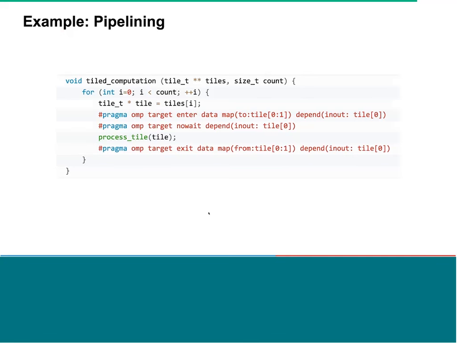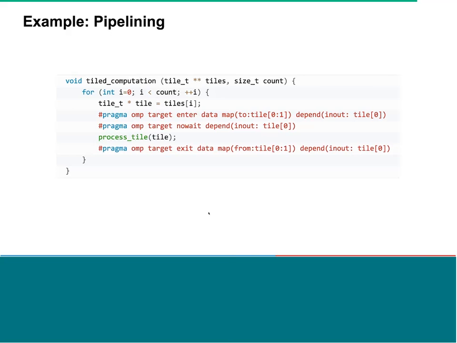And it allows you to do things like this, where, say, you have a computation made up of a number of tiles, and each of those tiles can be processed in parallel.